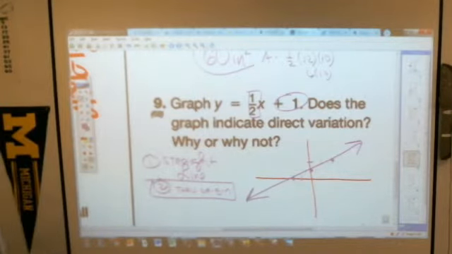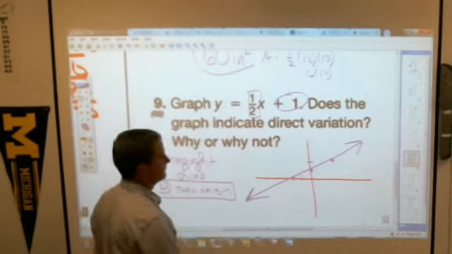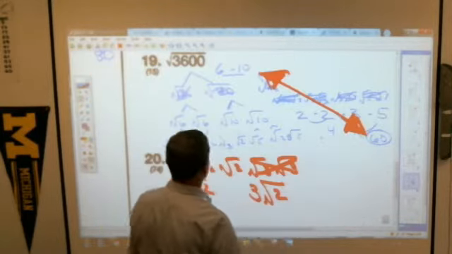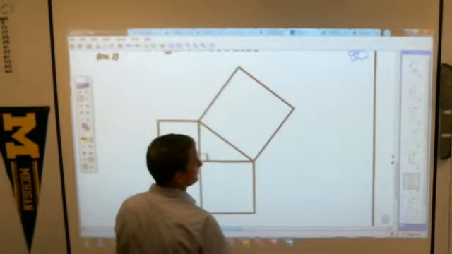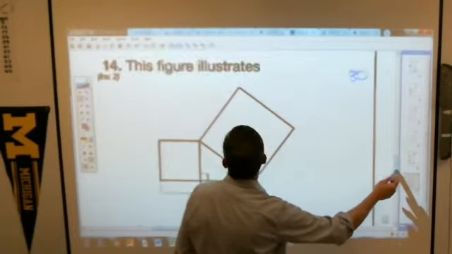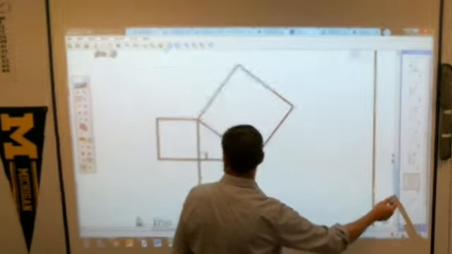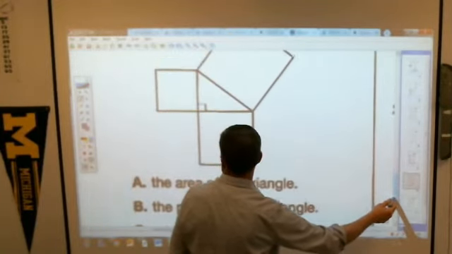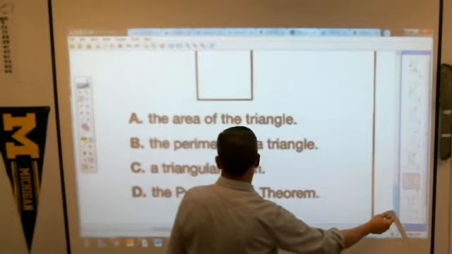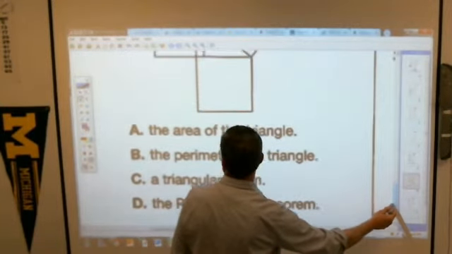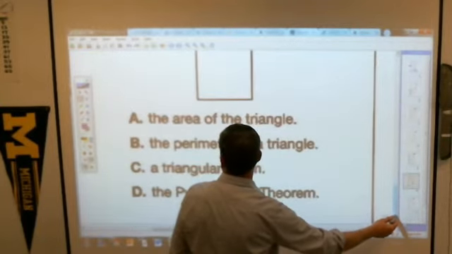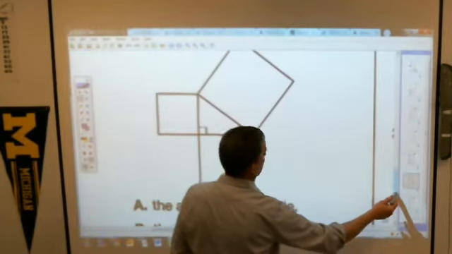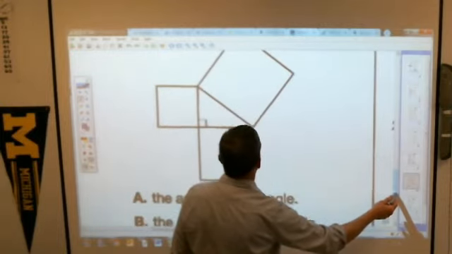Siddler? Number 14. I know I've done that one. No. Is it over here? Is it that one? It's on the back. Am I on the wrong page? Wait, I would probably actually tell you to ignore that one because we haven't talked about it.